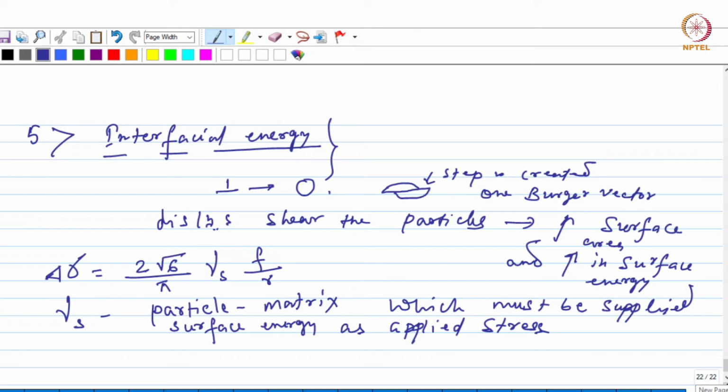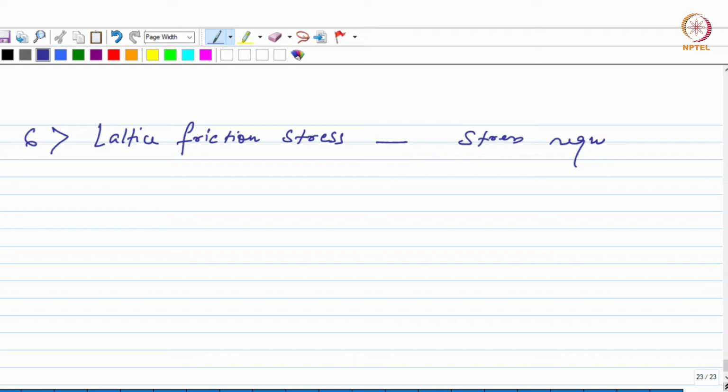And finally, we have the lattice friction stress. Lattice friction stress is nothing but the stress required to move the dislocations through the lattice.